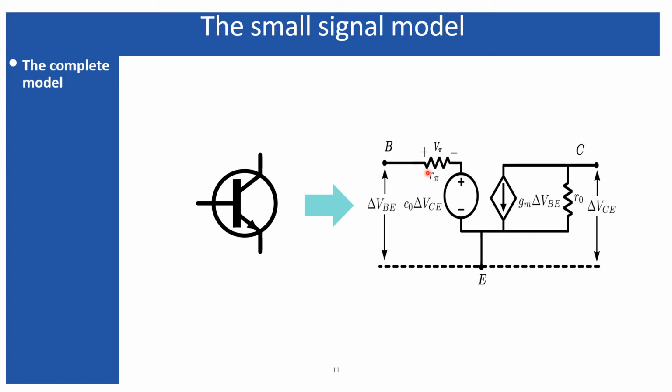This resistor is due to the effect which includes the differential change in base emitter voltage and the resulting differential change in base current. This current source is due to the differential change in base emitter voltage, and that differential change producing the output current IC, and for that I have included the GM.